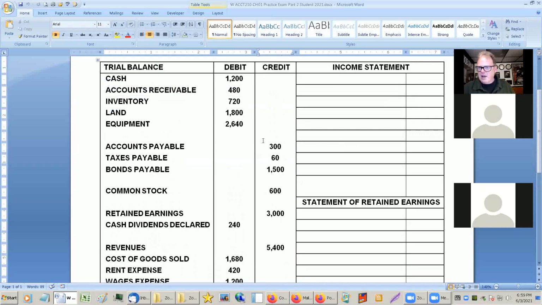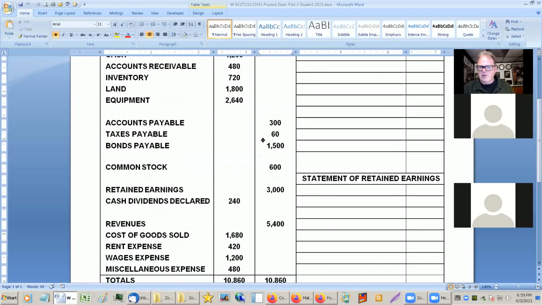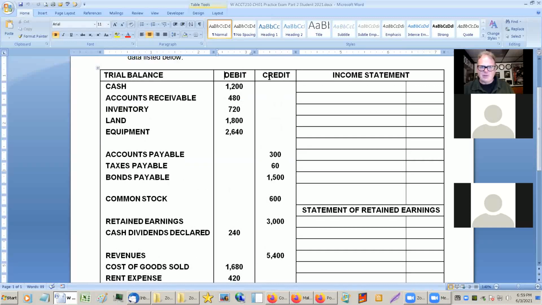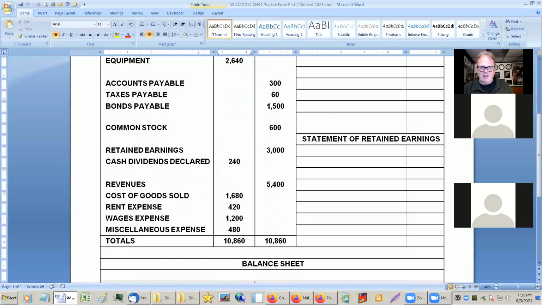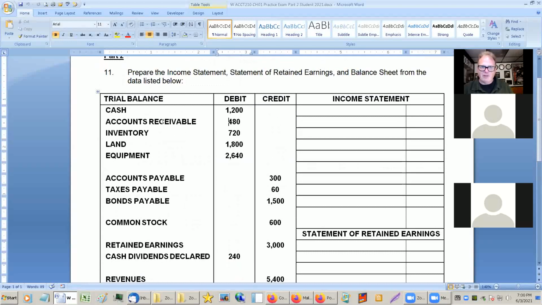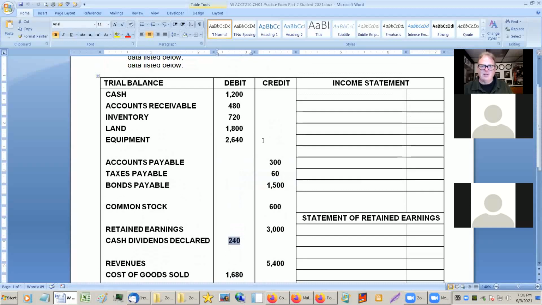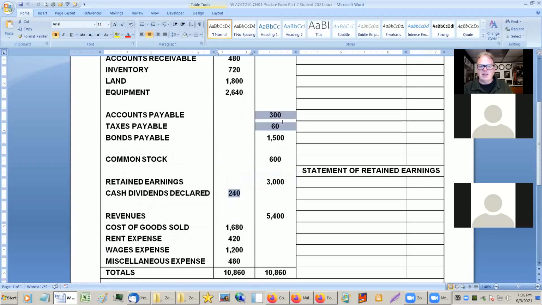Now, I will give you a little heads up, since this is getting into what we're going to do next class. You'll notice that debits are where we pay money out. You pay for assets, you pay for expenses, you pay dividends. The credit side is getting money in.